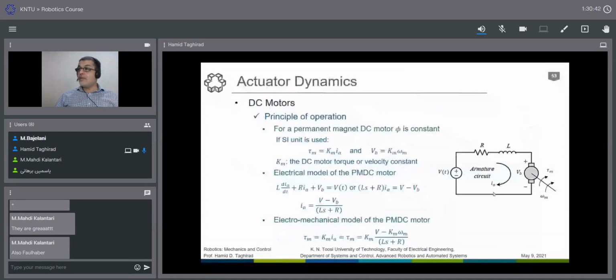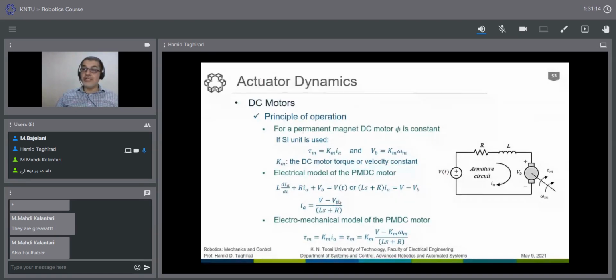Now, we can also have an electrical model for the motor. We have a resistance, an inductance, and the electromotive force. Very simply, with the voltage and back EMF voltage, we can write L di/dt + Ri = V minus VB, or the transfer function for the current is 1 over (Ls + R) times (V minus VB).